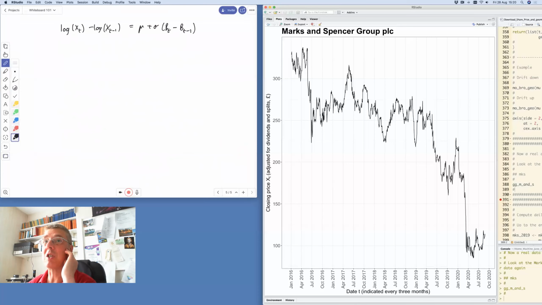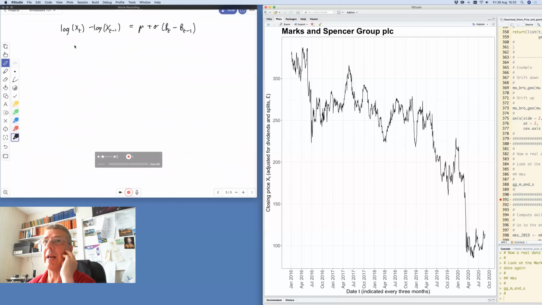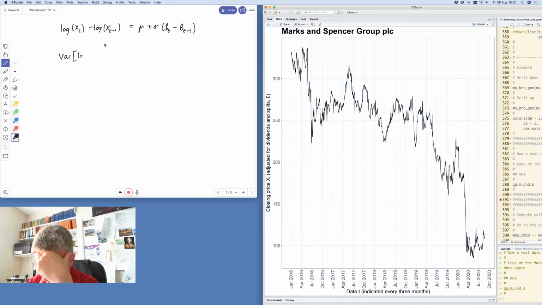We've found the expected value of the left-hand side to be mu, and now we're going to work out the variance. So the variance of log xt minus log xt minus 1 is equal to the variance of mu plus sigma times (bt minus bt minus 1).